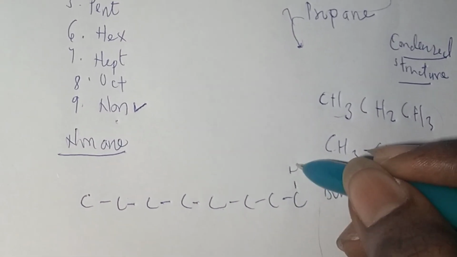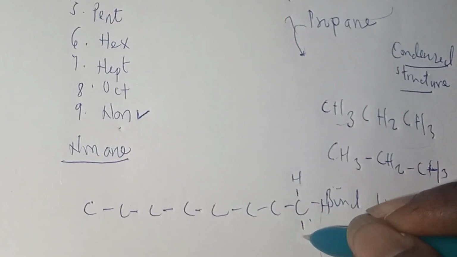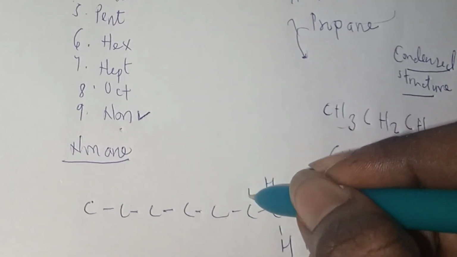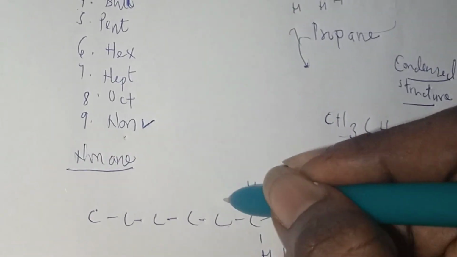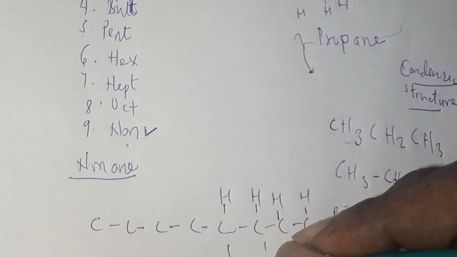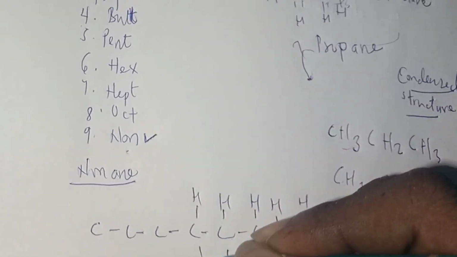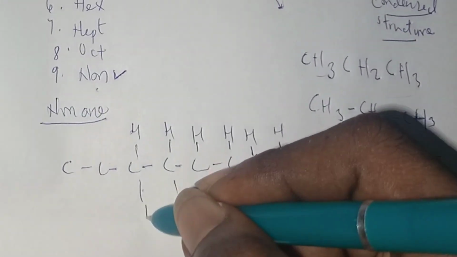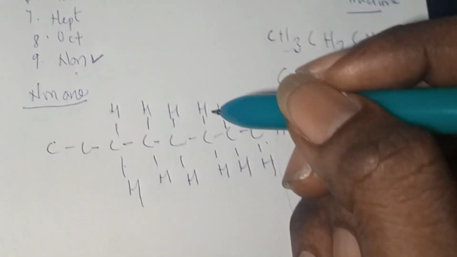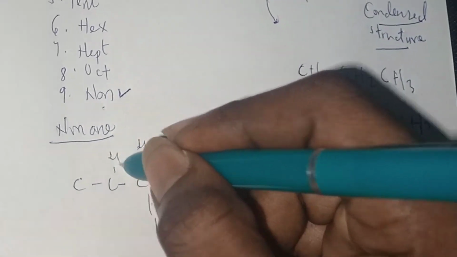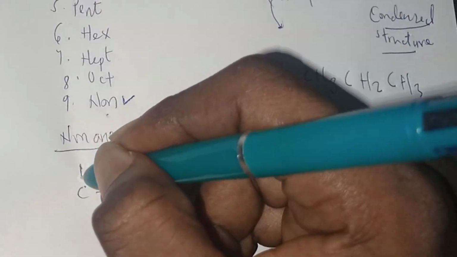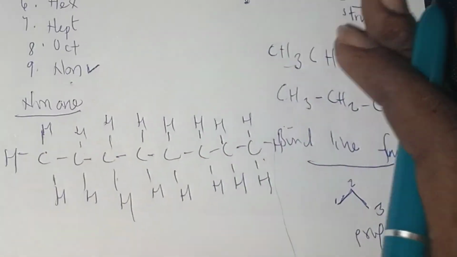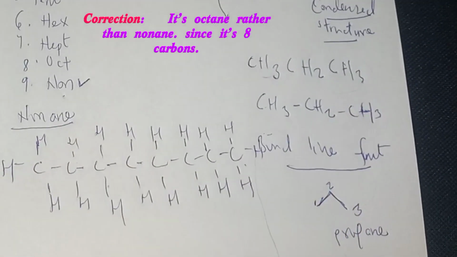Then remember that it is saturated from the previous videos, so all these places are going to be substituted with what? Our hydrogens. So hydrogen here, hydrogen, hydrogen, like that. Okay, so as complete as that.